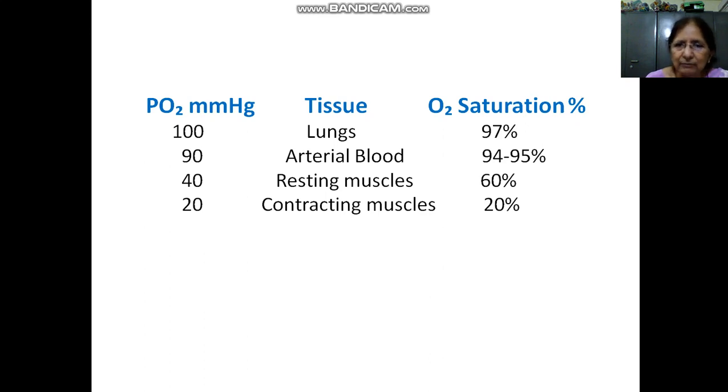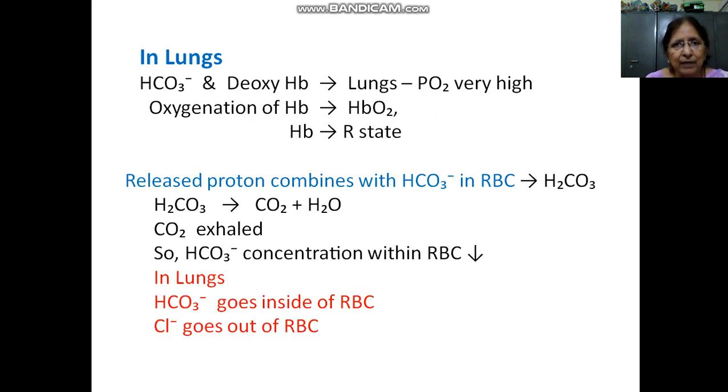In contracting muscles, it is 20 mmHg. There the oxygen saturation of hemoglobin is 20%. That means it has unloaded 80% of its oxygen to the contracting muscles, where the oxygen requirement is immediate.